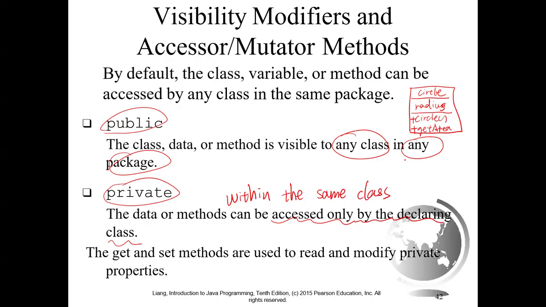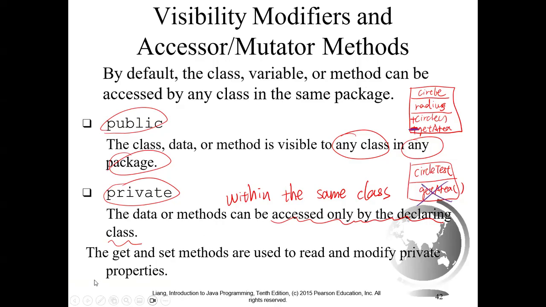For example, if you are using a minus there, and you are creating a CircleTest class and you want to call the getArea method to calculate, since it is a private one, in this class you cannot perform such a function.